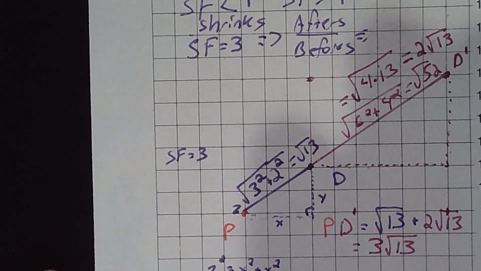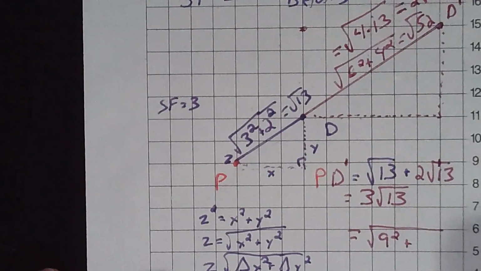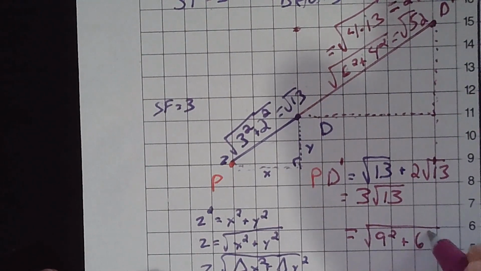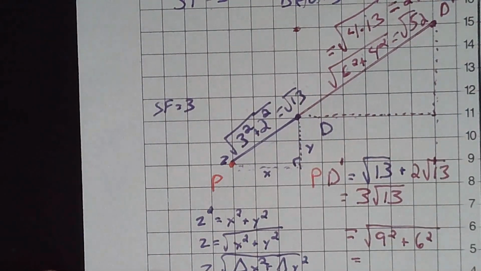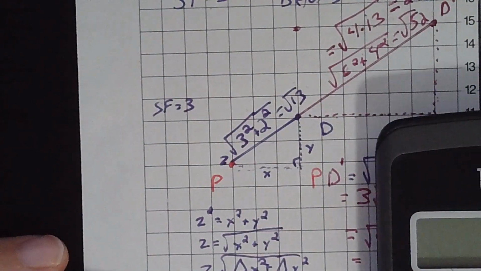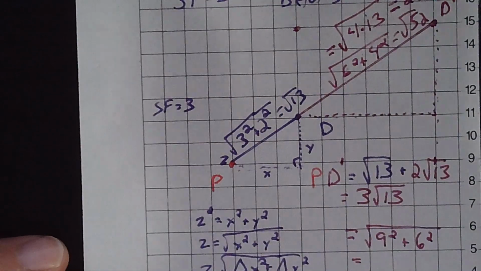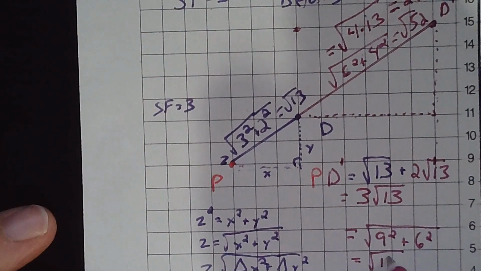So it's the square root of 9 squared plus 6 squared, 1, 2, 3, 4, 5, 6. That's 9 squared plus 6 squared equals 117, so the square root of 117.